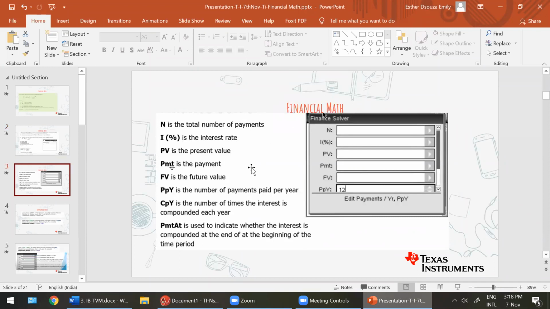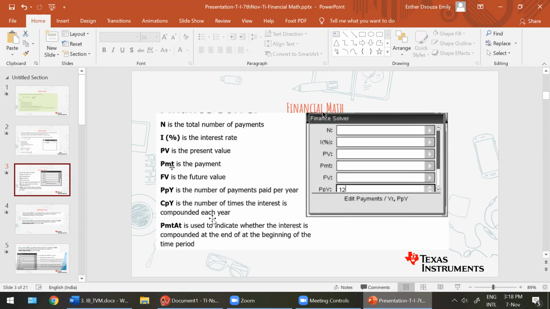PV is the present value. PMT is the payment made. That means if there is any additional payment that you have to make, then that is referred to as PMT. FV is the future value. PPY is the number of payments paid per year. Like in this case, you saw it was monthly, right? So the number of payments paid per year was 12.